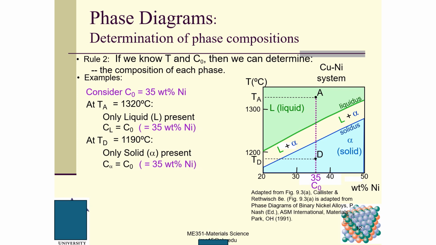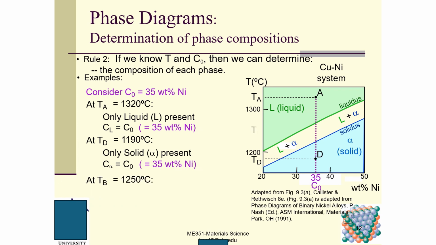At TA, which is 1200 degrees C, only the liquid phase is present, which means CL equals C0, which equals 35%. And at temperature D, 1190 degrees, there is only one phase present, alpha, and the composition of alpha equals 35% nickel. Questions so far?